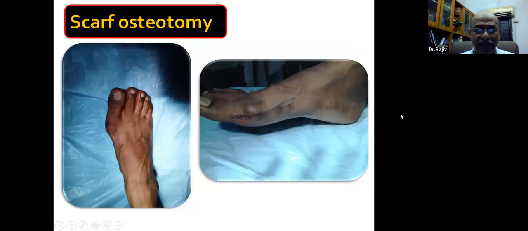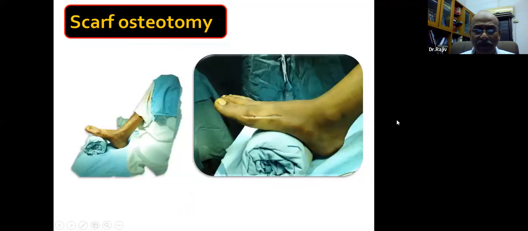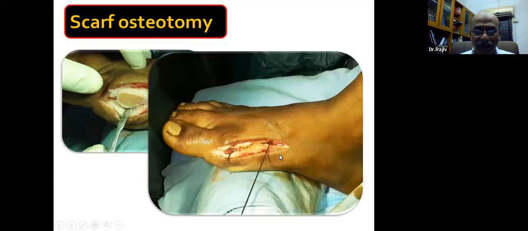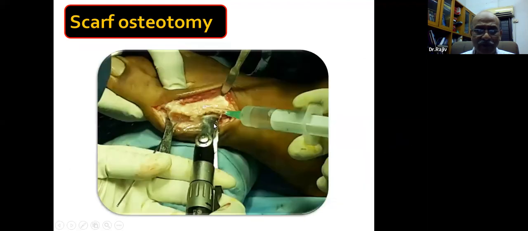So this is the case where a scarf osteotomy was done. The incision was marked. I like to position the patient over a distal tibia nail assembly like this with the foot flat. Medial eminence was excised medially, and then 2 K-wires are put to serve as a reference point for the transverse limb of the scarf osteotomy.